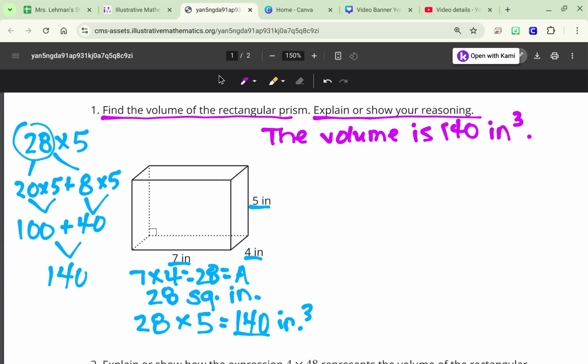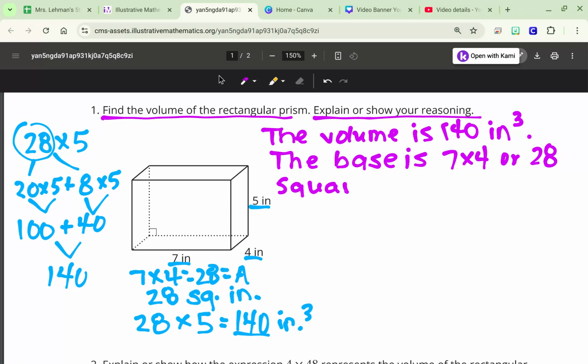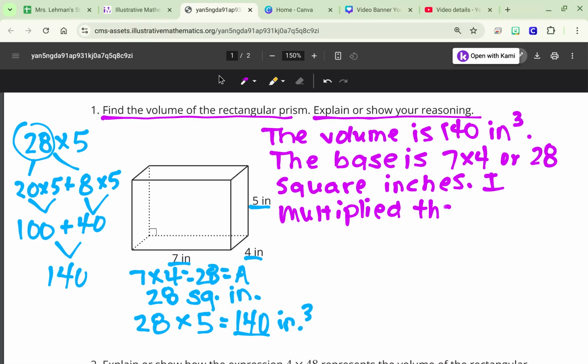But now we need to explain or show our reasoning. So I am going to write that the base is 7 times 4, or 28. And that is square inches, because that is a measure of area. And now we're going to say that we multiplied that by the height.